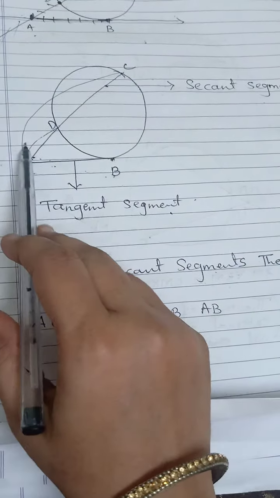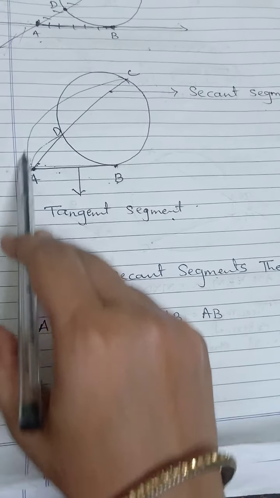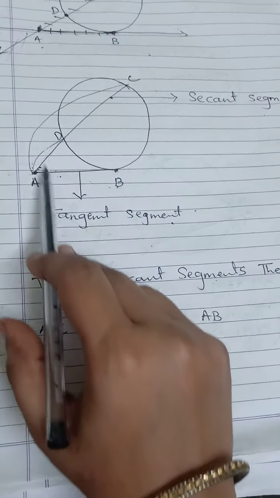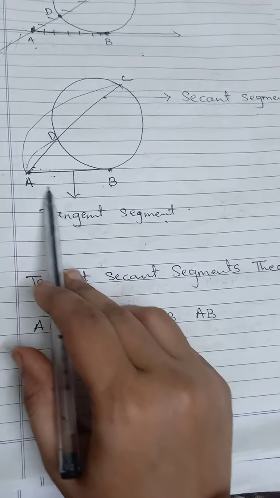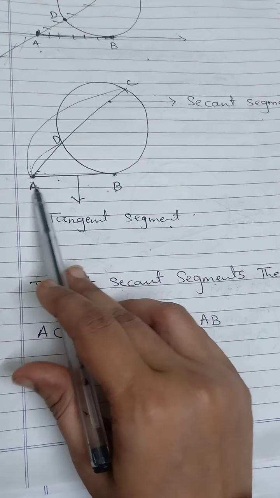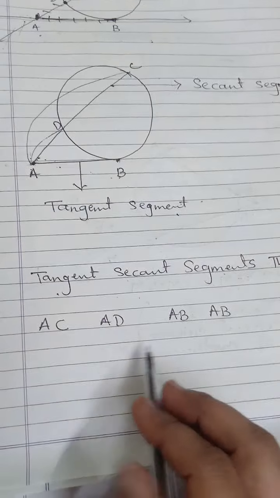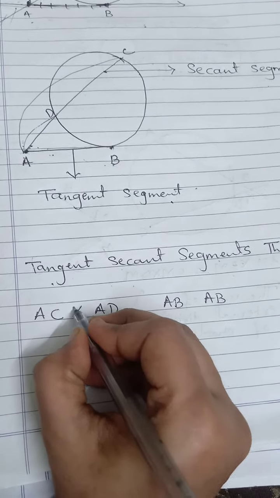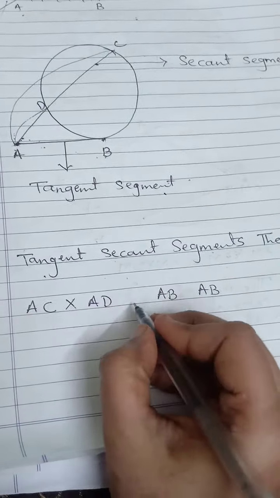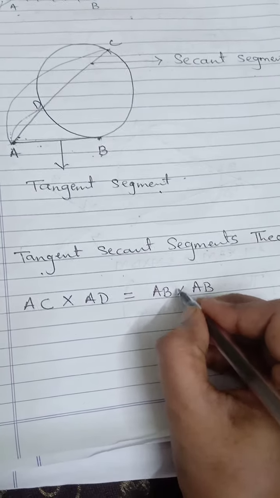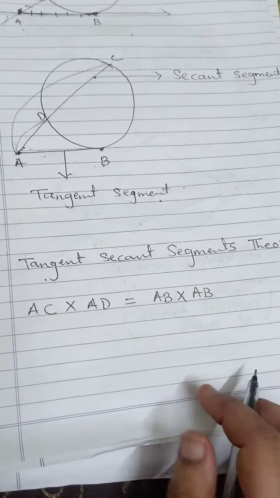Here we have taken the two segments starting from A. So AC and then AD. But whenever we take the segment here on the tangent, we are having only one segment. So we'll take the same segment two times. Then the product of the segments on the secant is equal to the product of the segments on the tangent, we can say.